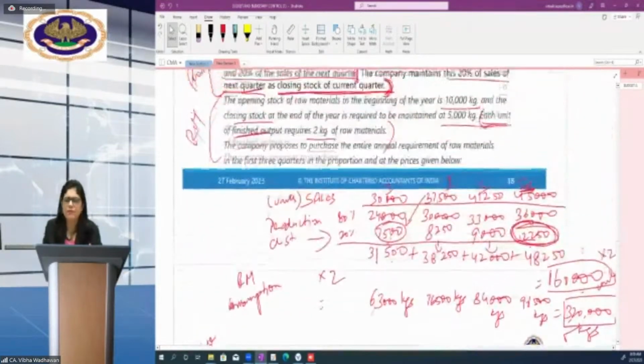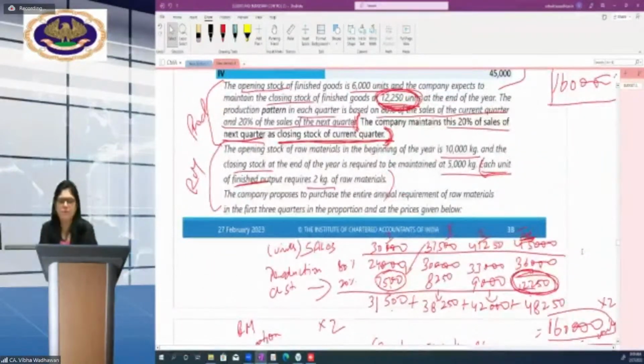I'll just give you the last note of this question. If you have this information, take a note of this paragraph. It's going to help you to calculate raw material purchase budget. The opening stock of raw material in the beginning, 10,000 kg. The closing stock at the end of the year of raw material, 5,000 kgs. And this consumption information we have taken care of.